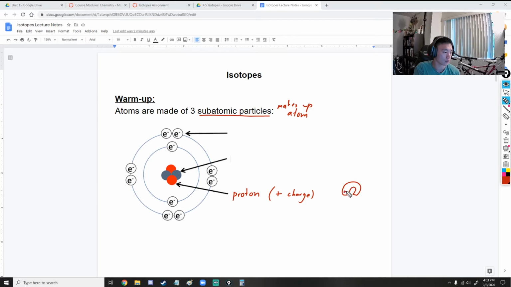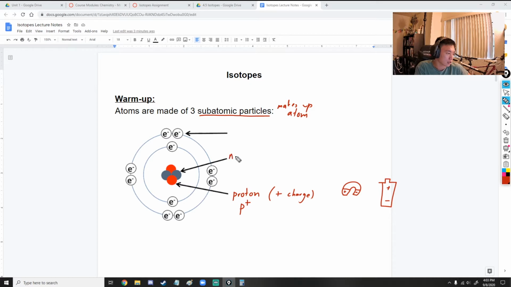So a magnet has a positive and negative charge, or when you have a battery, you know that one side is positive, one side is negative. Just like how there are different electrical charges for magnets and batteries, so does the atom. The atom's subatomic particles have these electrical charges. So that's the first one, a proton. And the symbol for a proton is P+.